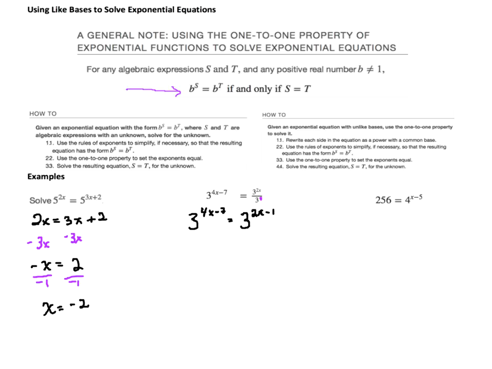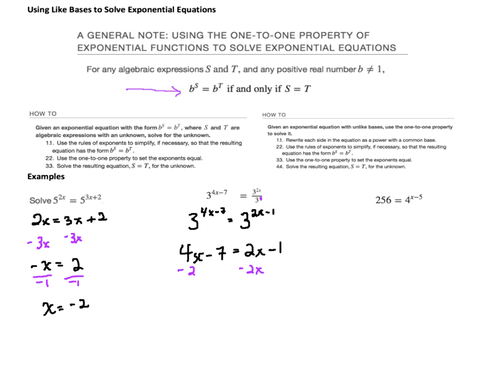Now that I have both sides as a single exponential expression raised to particular exponents, I can equate the exponents. 4x minus 7 is equal to 2x minus 1. Now I simply solve the linear equation.